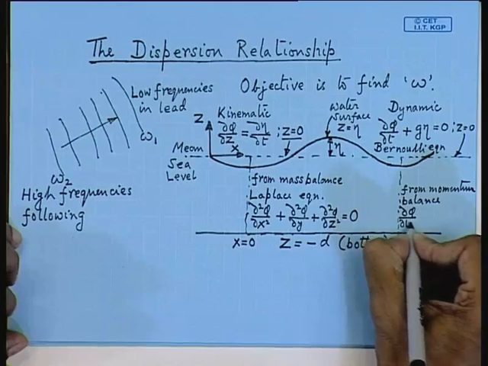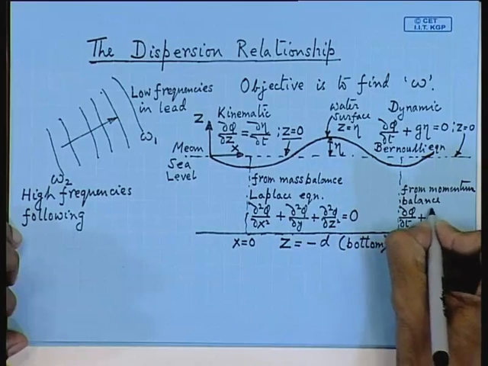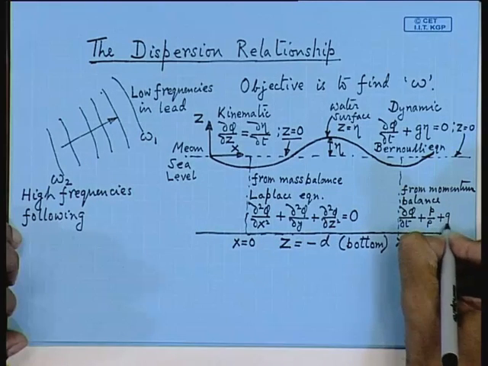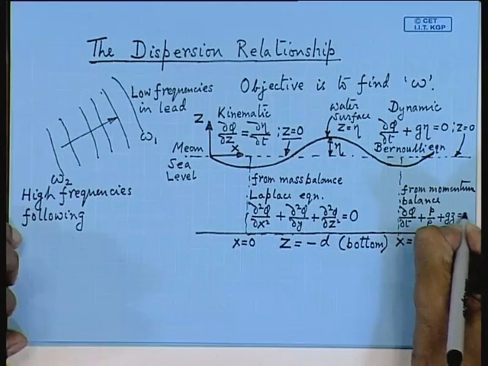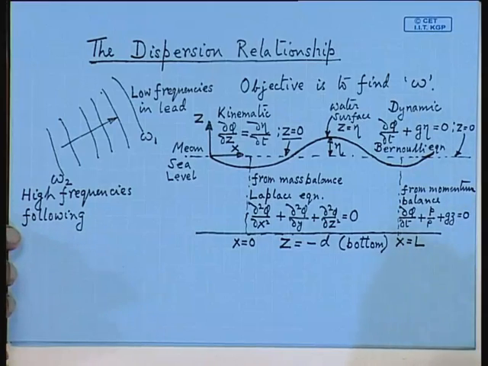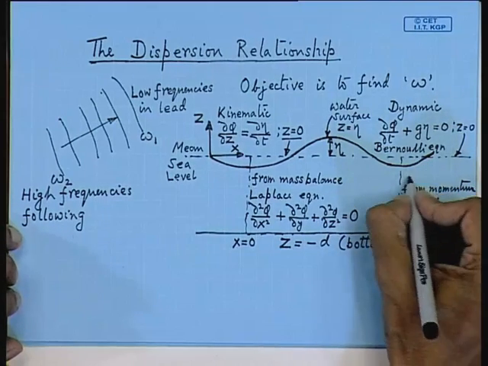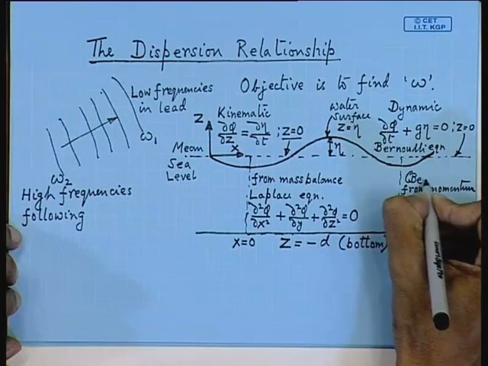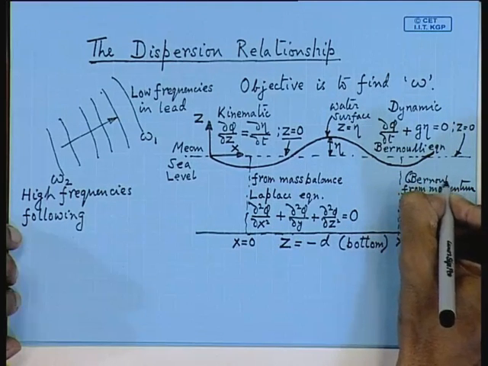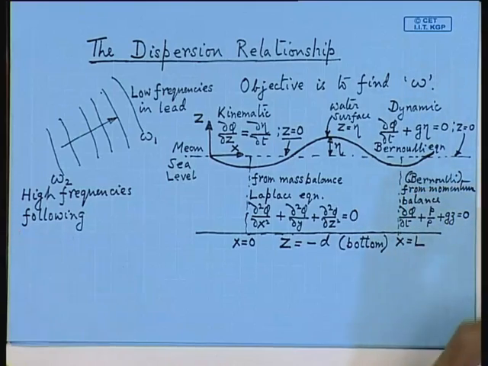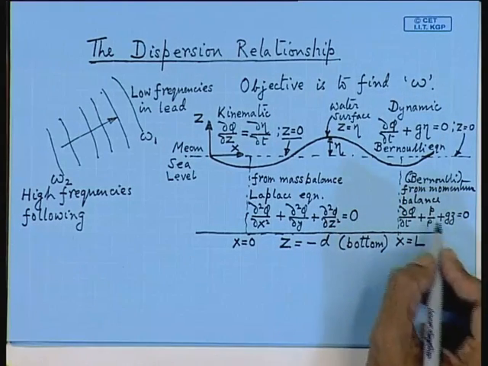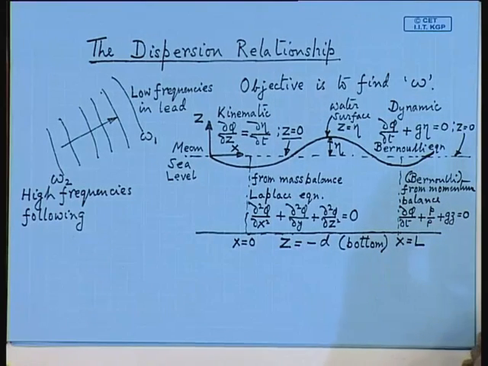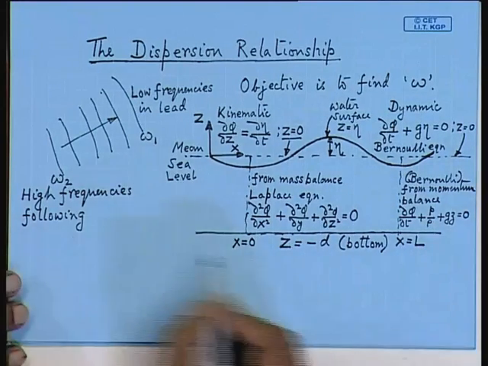So, you will get del phi over del t plus P by rho plus g z equal to 0. In bracket I am writing on top since I do not have any space. This is your Bernoulli equation with a slightly changed form. Another parameter P is coming because of the hydrostatic pressure. Now, let us see how to use this equation.